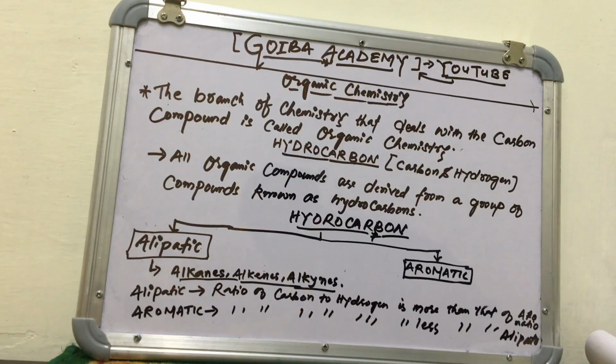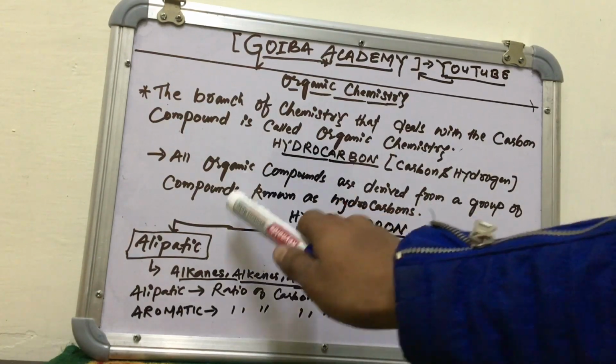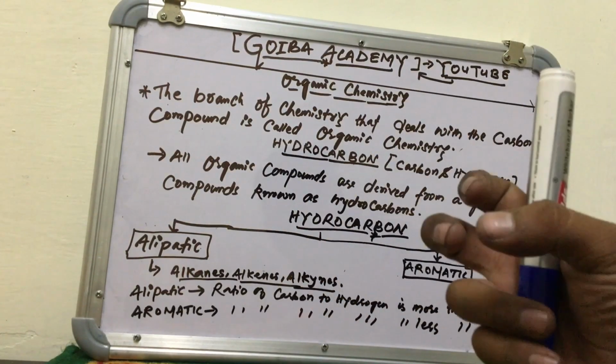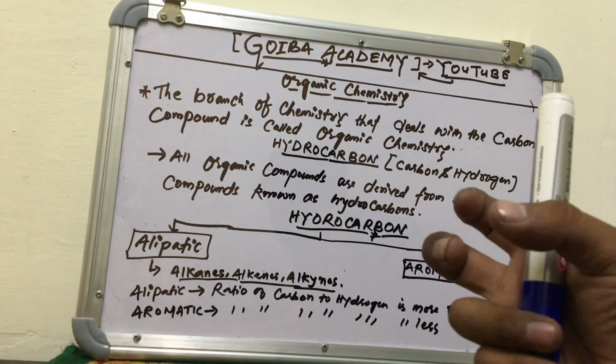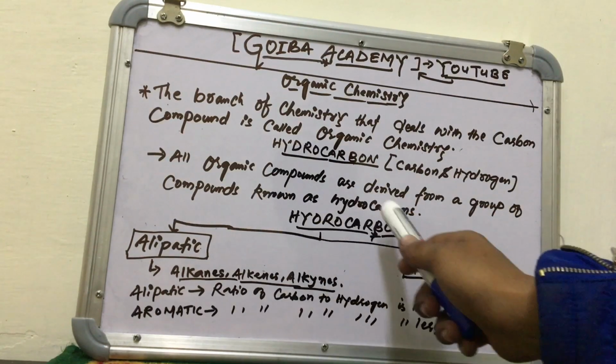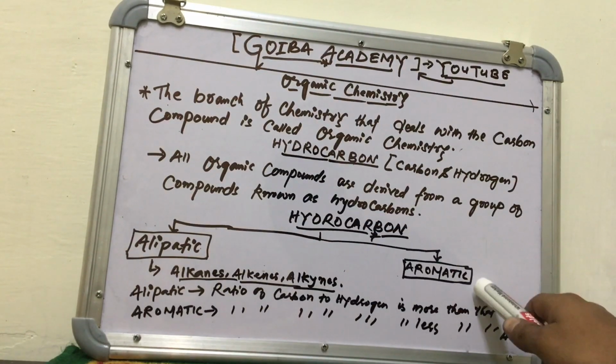I'm going to summarize the basics. Organic compounds are derived from a group of compounds known as hydrocarbons. Hydrocarbons are subdivided into two parts: aliphatic and aromatic.